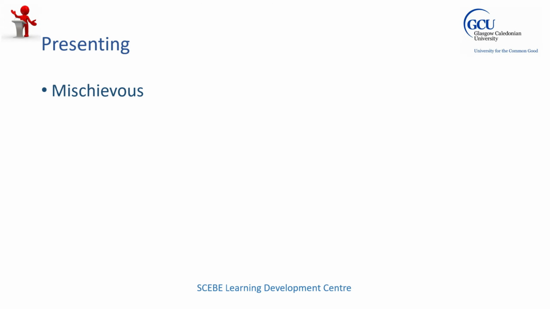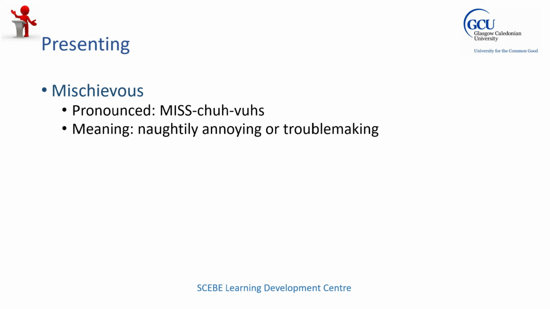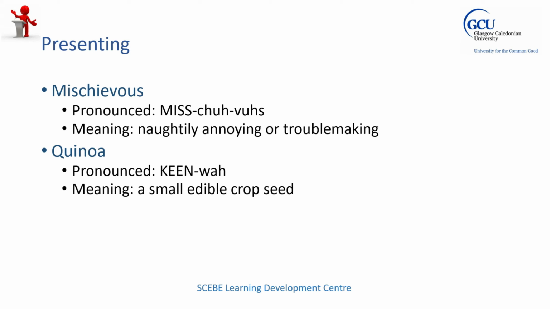What about this one? Mischievous. Meaning naughtily annoying or troublemaking. What about this one? Quinoa. Meaning a small edible crop seed. So what about this one? How do you pronounce that? Now I actually heard this one pronounced on the Scottish News one time, and I was quite surprised how poorly it was pronounced.